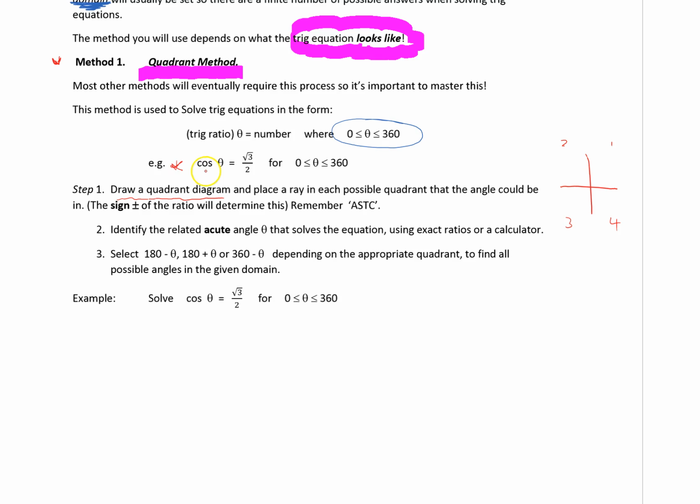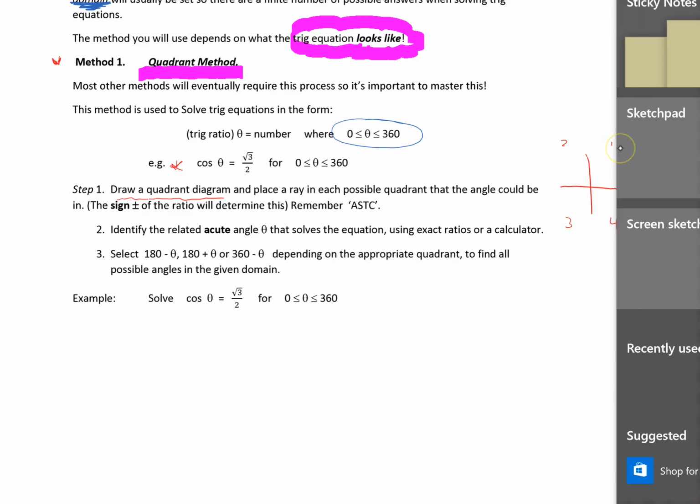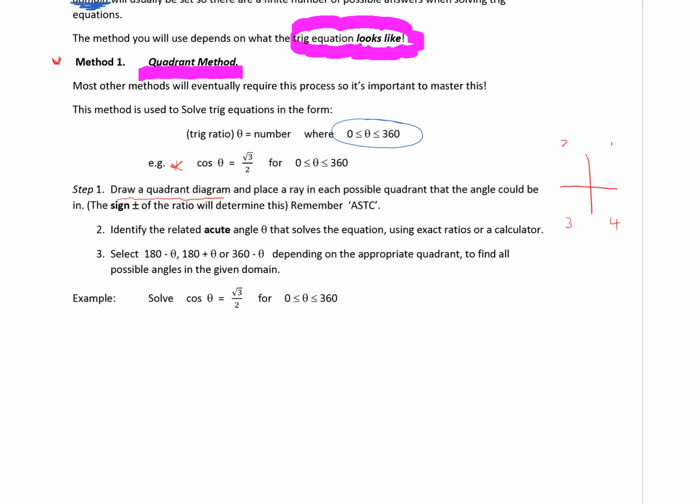Is it negative? So as in this example, you can see it's a cos ratio and it's a positive number. Don't worry about the numbers yet, but just the cos ratio, and it's positive. So we know that all trig ratios are positive in this quadrant, and using, as it says, all stations to central, the other quadrant we need to be in is here.